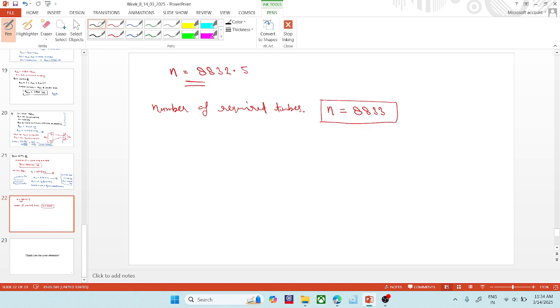So we will require 8833 tubes to transfer this much amount of heat and for this much flow rate of the cooling water. This would be the answer.